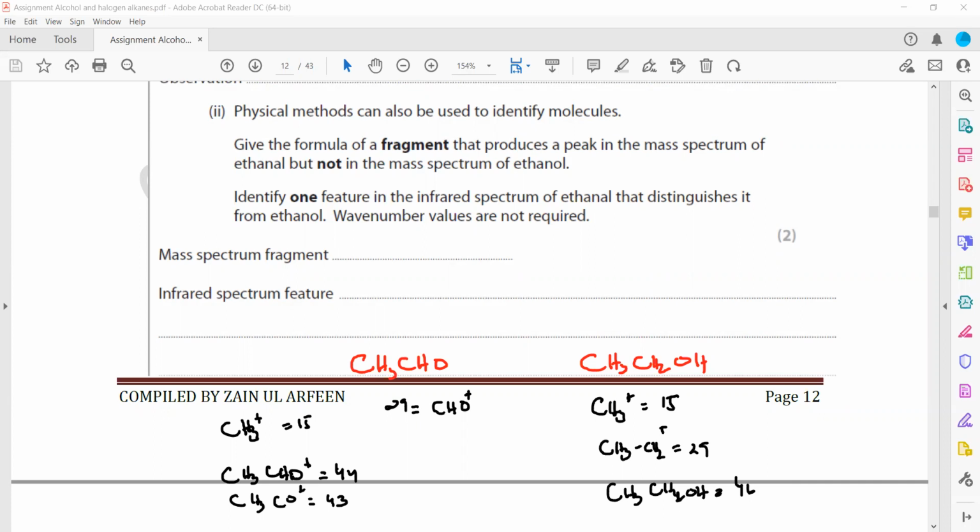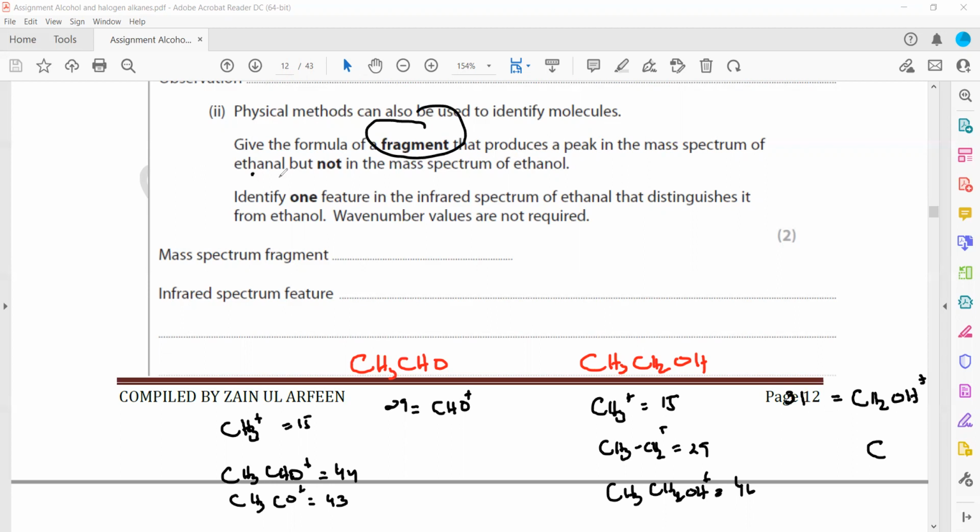Molecular ion peak will be there. And when we break from right to left, it will be CH2OH. So 12 plus 16, 28 plus 3, 31. So there will be a peak at 31 as well. Then the whole molecular ion will be there, that is at 46.